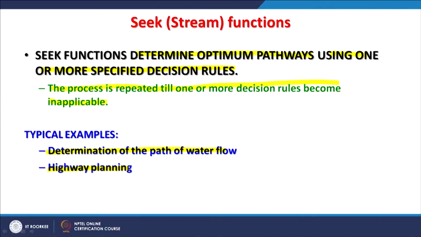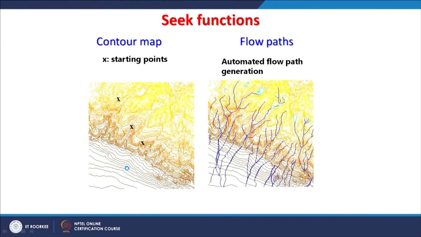In highway planning also, these seek functions can be used to a large extent, and an example is given here. These are my starting points over my terrain, which is shown in form of contours, and automated flow path generation can be done.